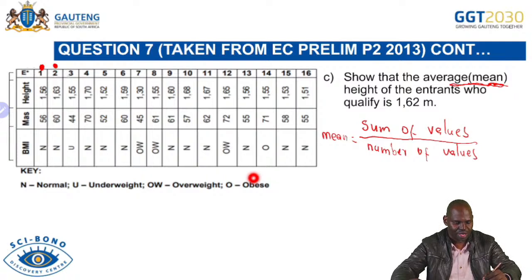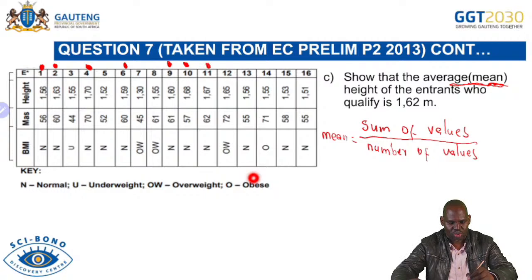Okay, entrant number 3 does not qualify, and then entrant number 4 qualifies, and then entrant number 5 does not qualify, entrant number 6 qualifies, entrant number 7 does not qualify, entrant number 8 does not qualify, entrant number 9 qualifies, entrant number 10 also qualifies, entrant number 11 qualifies.